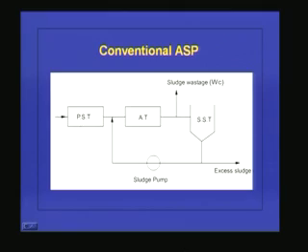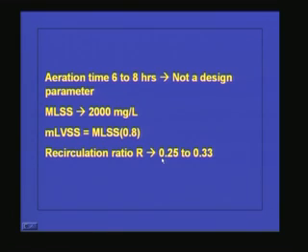So, this is the conventional activated sludge process. Till now we were discussing the primary sedimentation tank, then the aeration tank. Here we have the sludge wastage WC, and this is the secondary sedimentation tank, and some excess sludge will go to the digester. This is the recirculation system, and it comes back to the aeration tank.